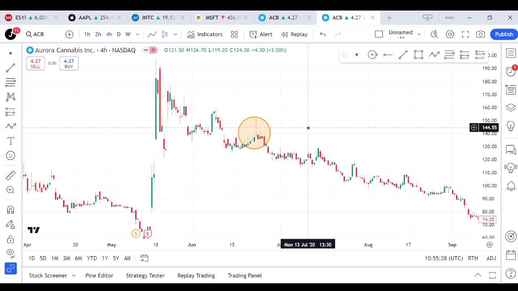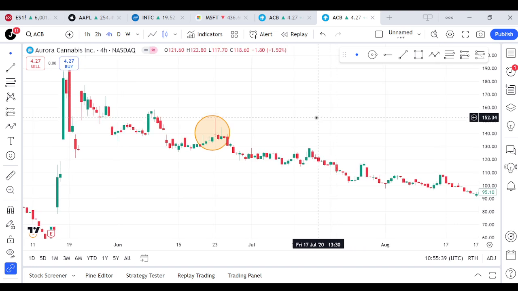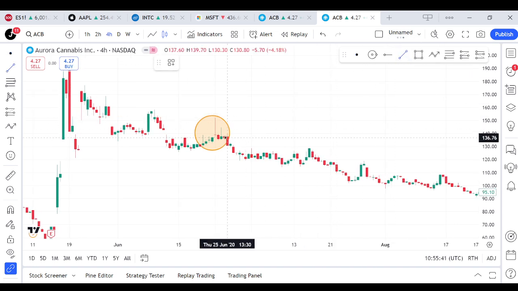So the third candle confirms the bearish reversal. So consider entering a short position when the price closes below the doji's low. So when the price closes below this doji, you should consider entering a bearish trade.